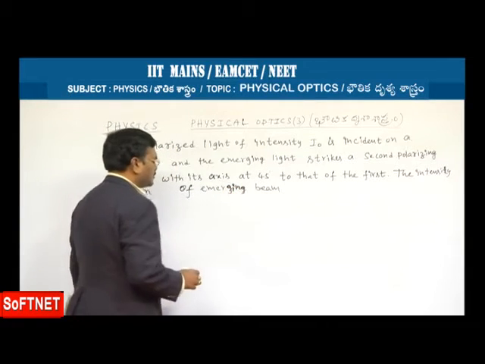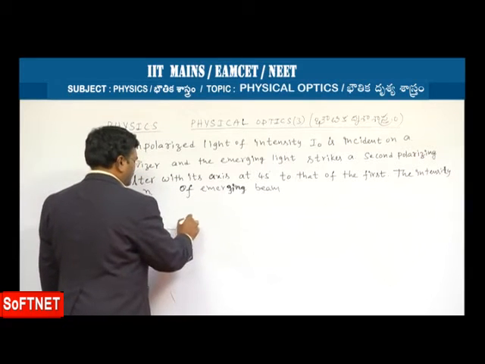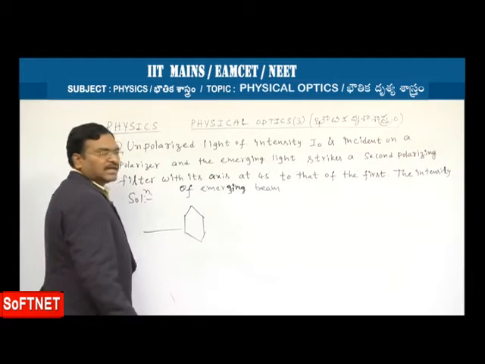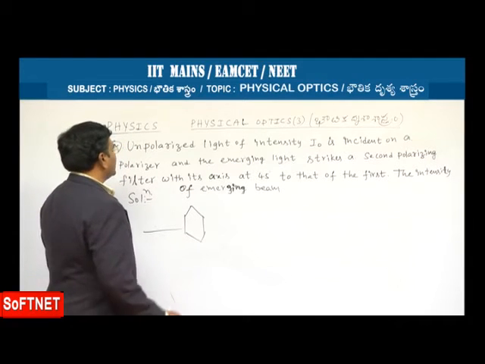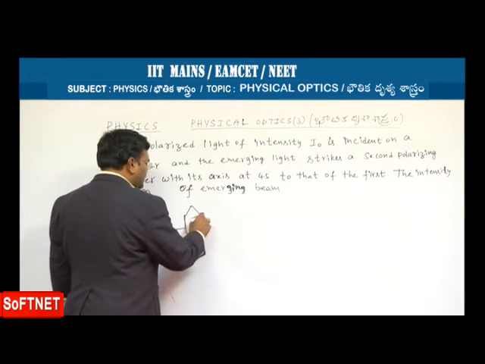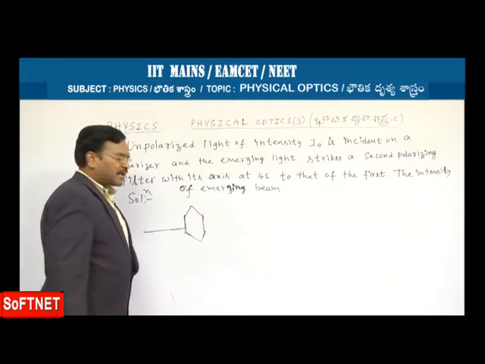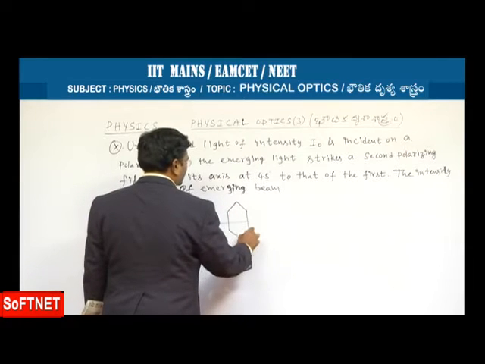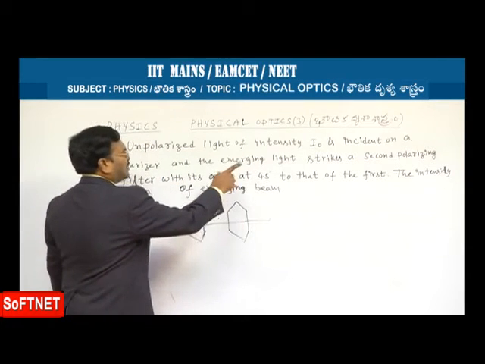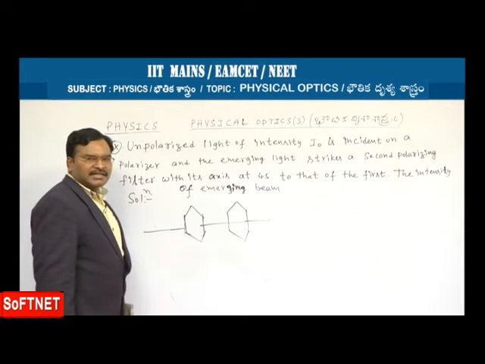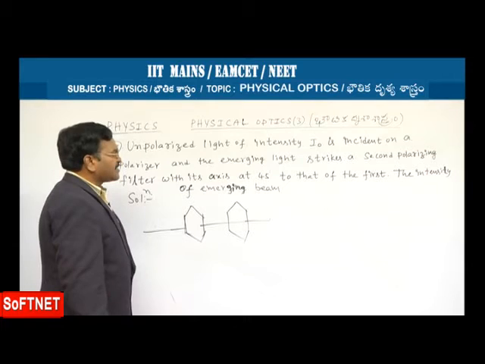How do we calculate this? Suppose this is the first filter or first crystal. Unpolarized light incident on the crystal, that is called the polarizer. After that we get the analyzer. The angle between the two transmission axes is 45 degrees.